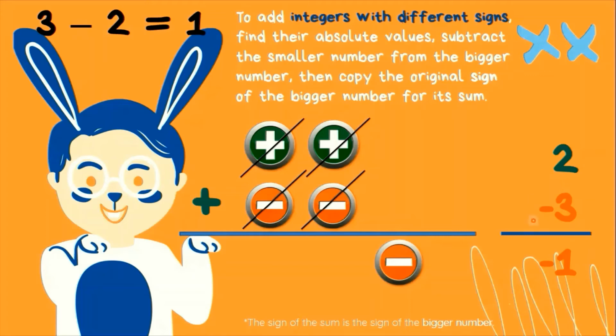Si 3 ay negative, and 3 is bigger than 2 nung ating nakuha na yung kanilang absolute value. Therefore, yung ating sagot na 1 sa 3 minus 2 ay magiging negative 1, because negative is the original sign of the bigger number, which is 3. Kaya 2 plus negative 3 is really negative 1.